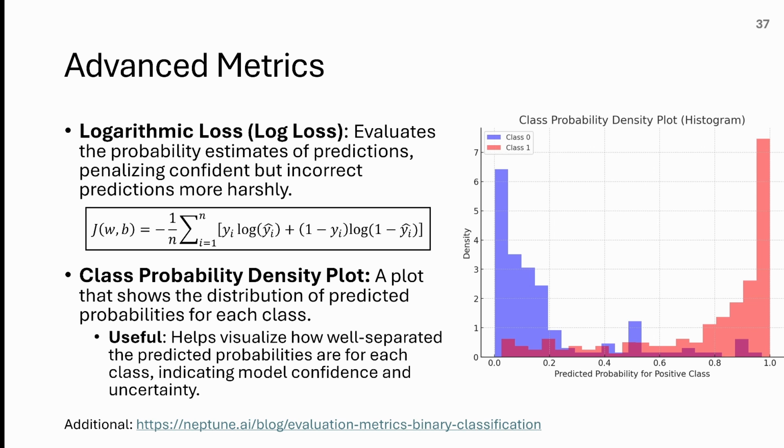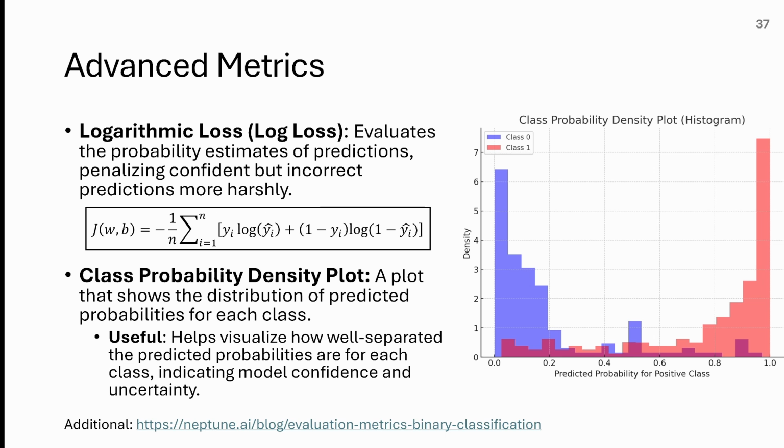The formula here shows how log loss calculates this penalty by comparing the actual values y to predicted probabilities y hat. The higher the log loss, the worse the model performance.